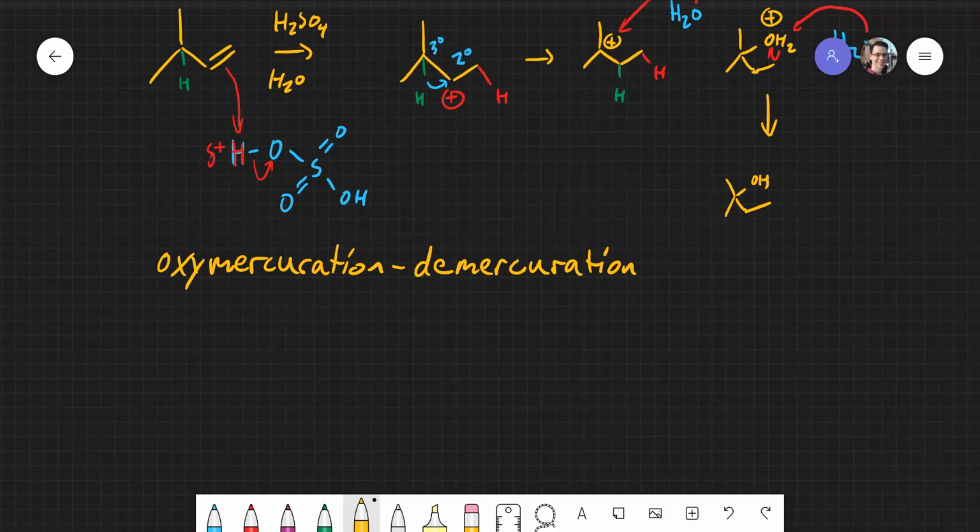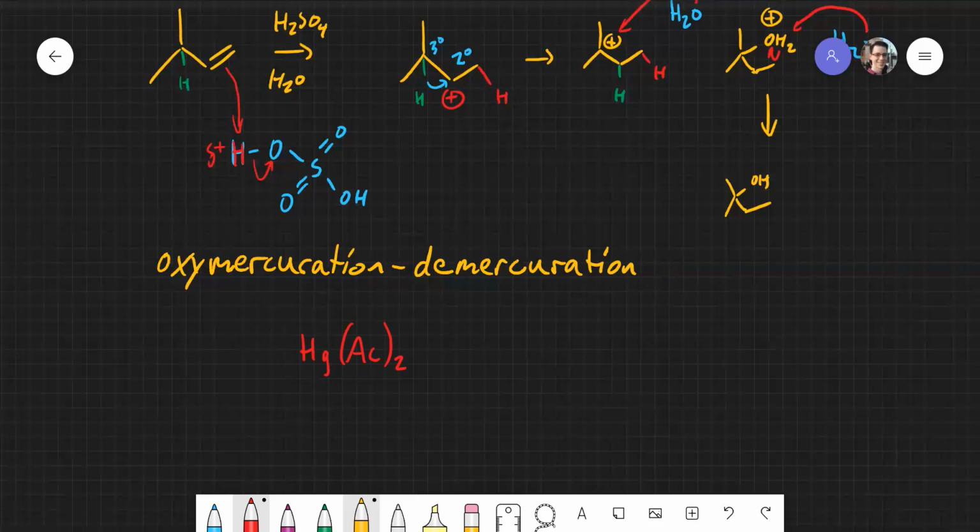But this basically uses a molecule called mercuric acetate, which, as you may have guessed from the name, contains mercury bonded to acetate. Mercury actually has a 2+ charge and acetate has a 1- charge, so it's going to bond to 2 acetates. Mercury is kind of an unusual metal, definitely because it's a liquid at room temperature.